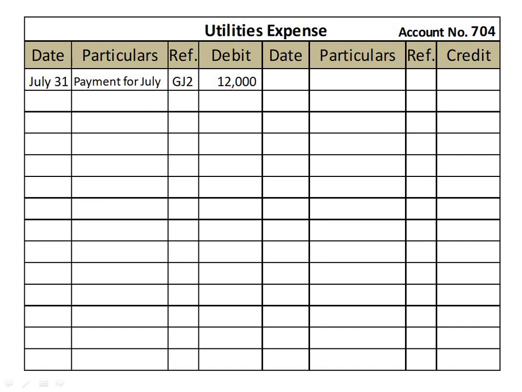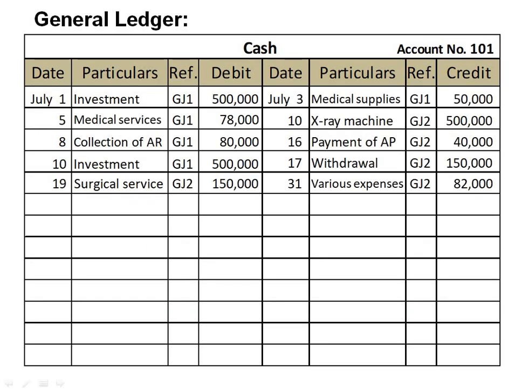The next thing to do then is to get the balance of each ledger account. Let's begin with cash. You may add the figures in the debit money column and write the sum. You may even write total debit. Incidentally, getting the sum of the amounts or adding all the numbers in a money column is called footing.